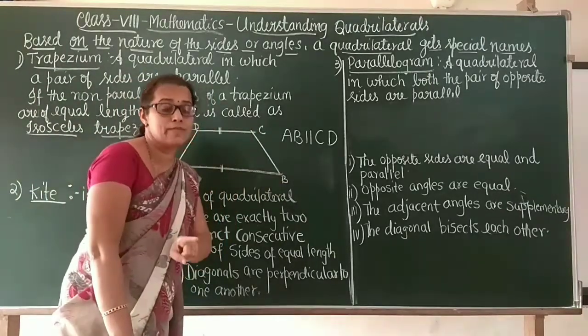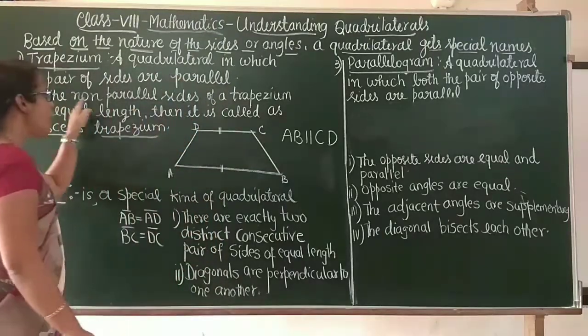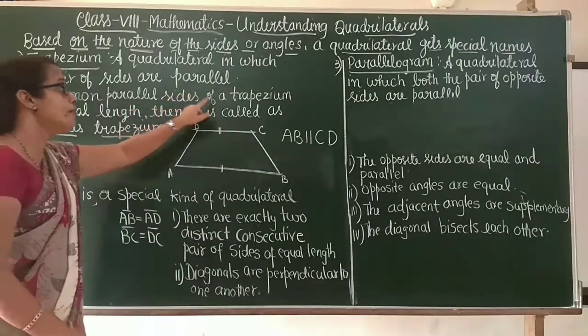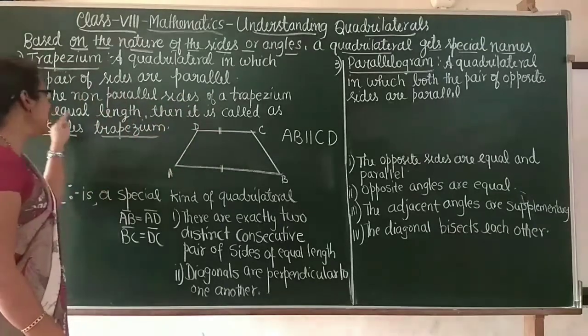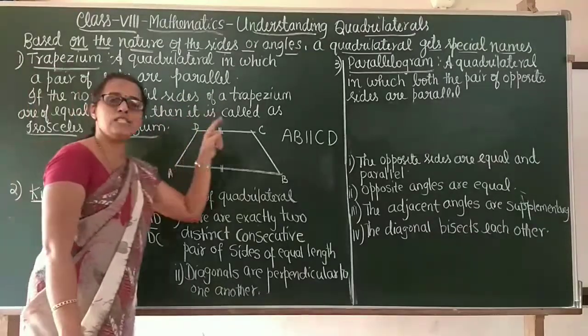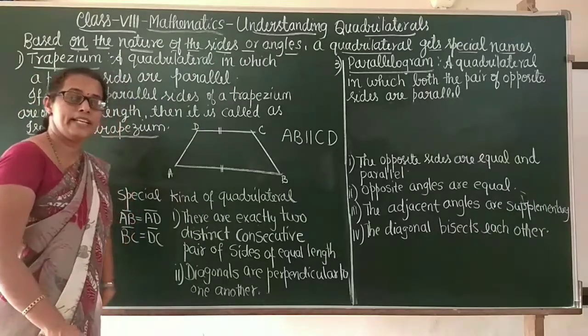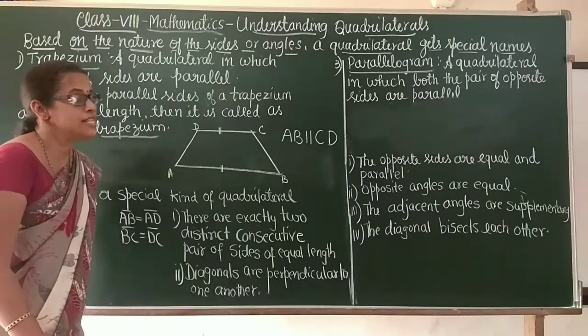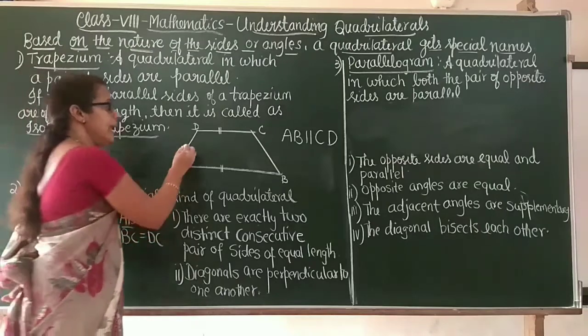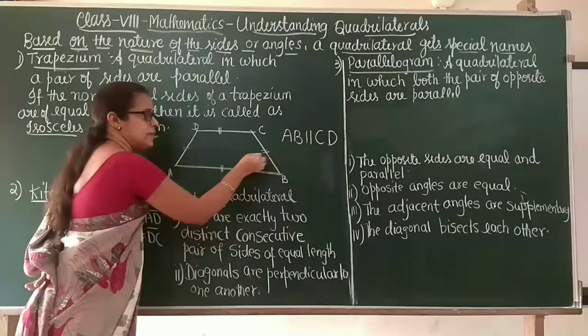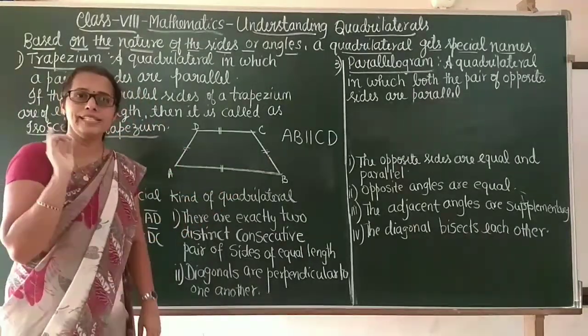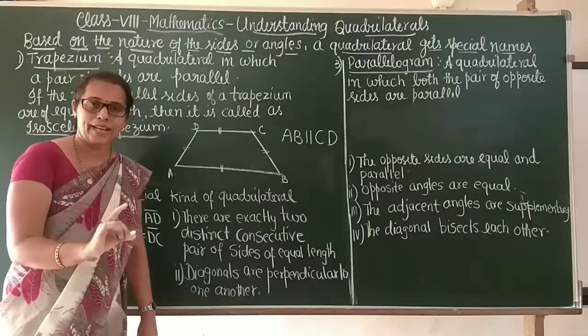One more thing: if the non-parallel sides of a trapezium are of equal length, then it is called an isosceles trapezium. AD and BC are the non-parallel sides.